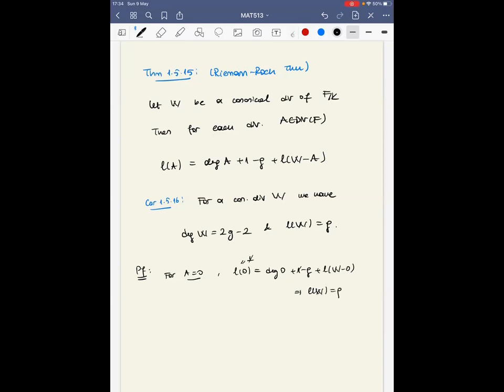And indeed, this shows us the dimension is nothing but the genus.